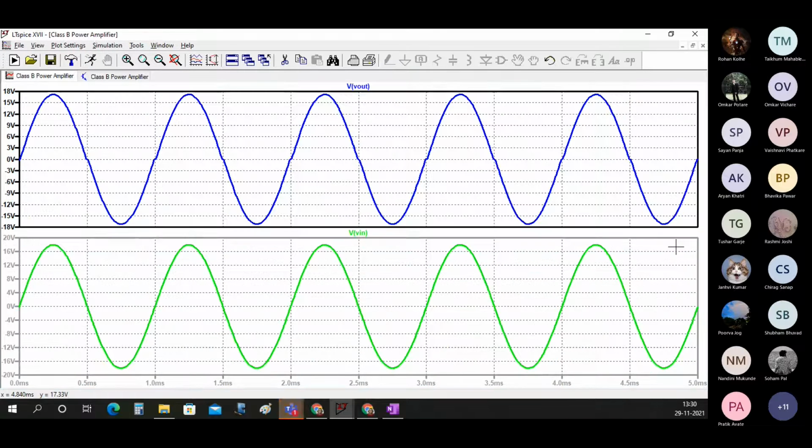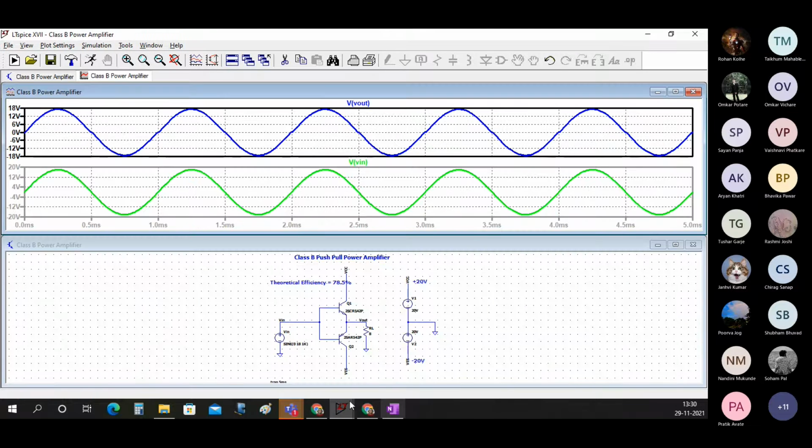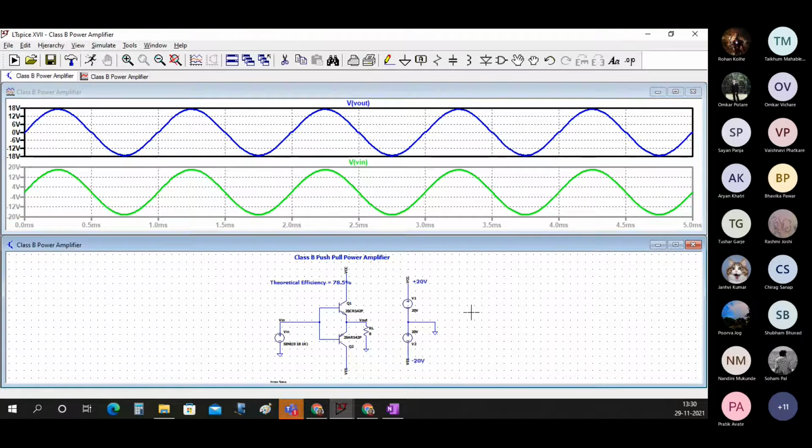So you should be able to see something like this. So first of all, I want to see this circuit as well as the waveforms. Come on, do this.